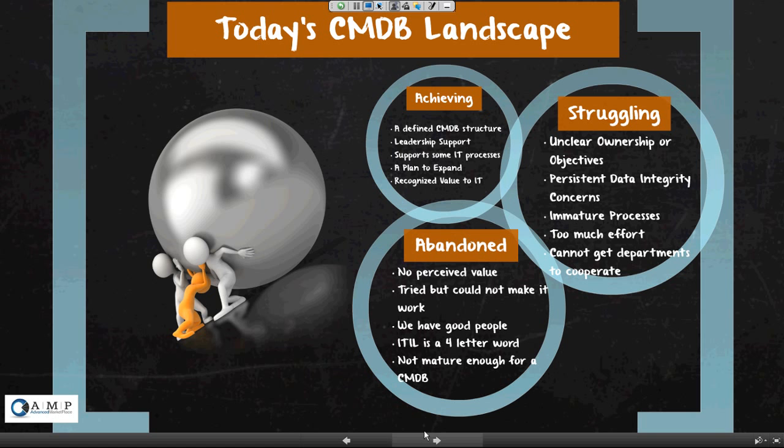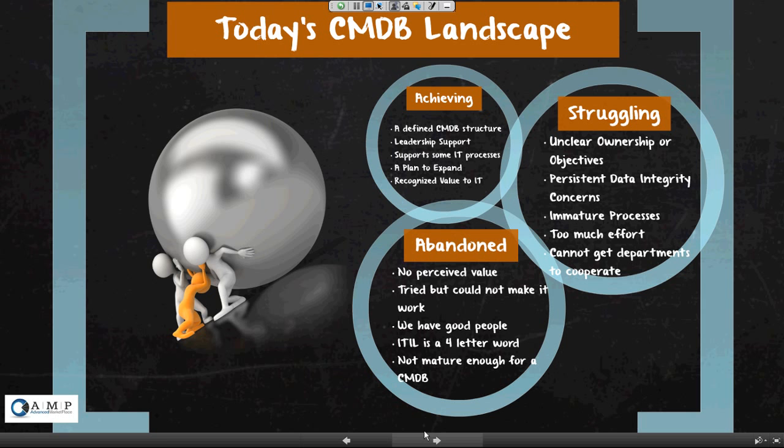Well, it's too difficult, it's too much effort, we can't keep the data current, we can't get cooperation from all the different organizations. You know, these guys own this tool and they won't let us get access to it. They hear the industry pundits say they need a CMDB. They're trying to get there, but really struggling to make that happen.